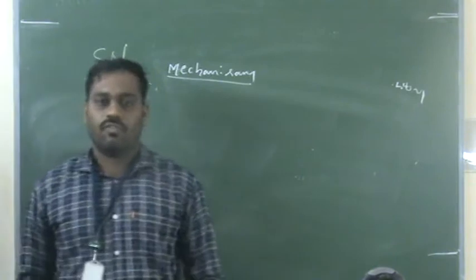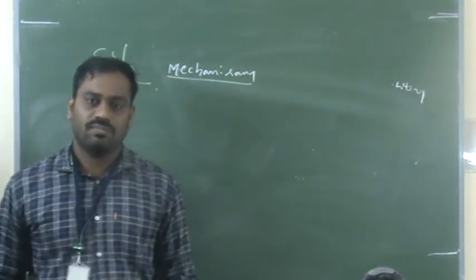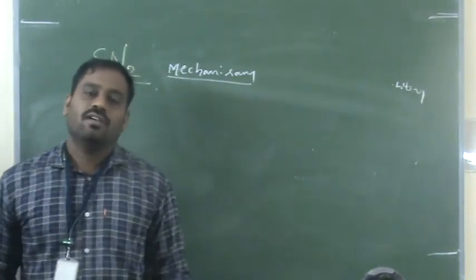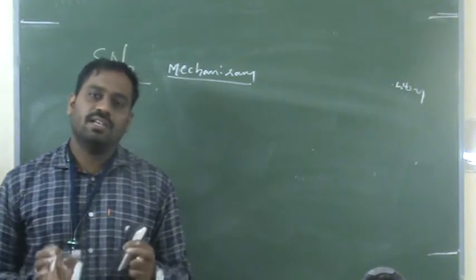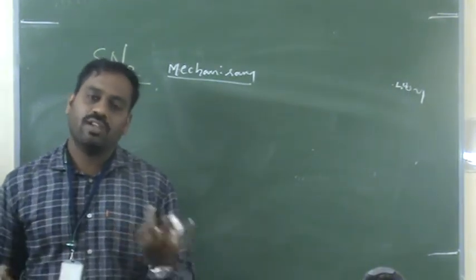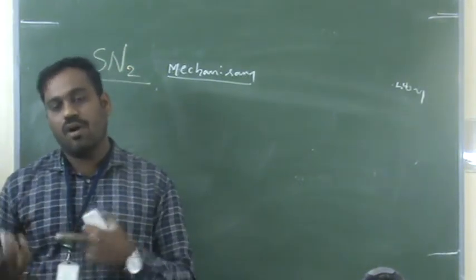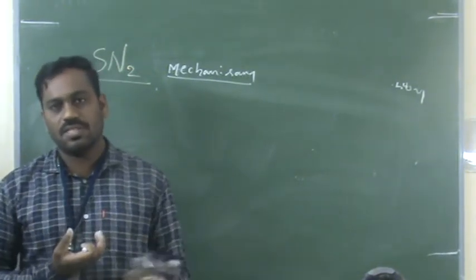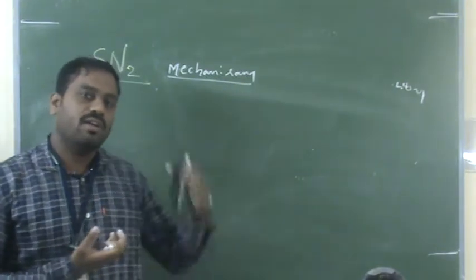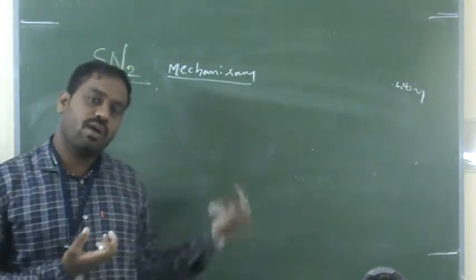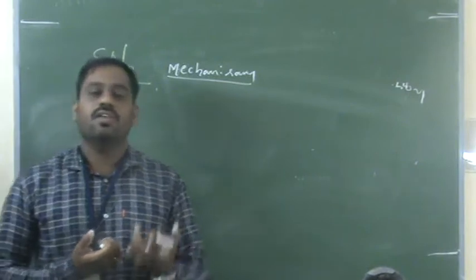The mechanism indicates how the reaction is going on, how many steps are involved, and in what manner it is going on. All those discussions are involved in this mechanism. Okay, so keep it in mind.